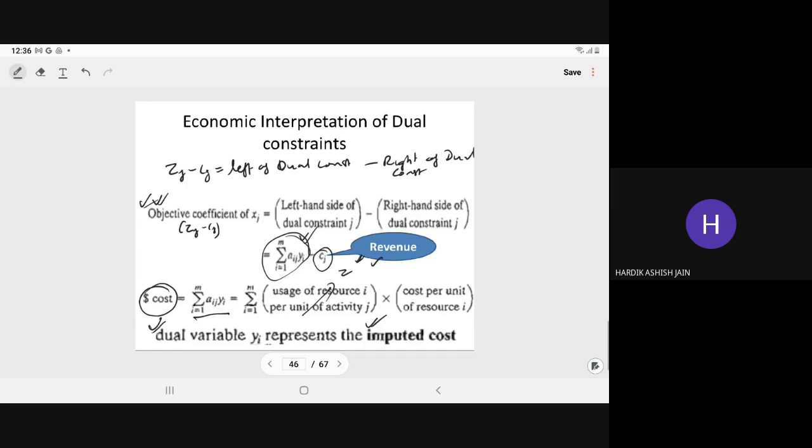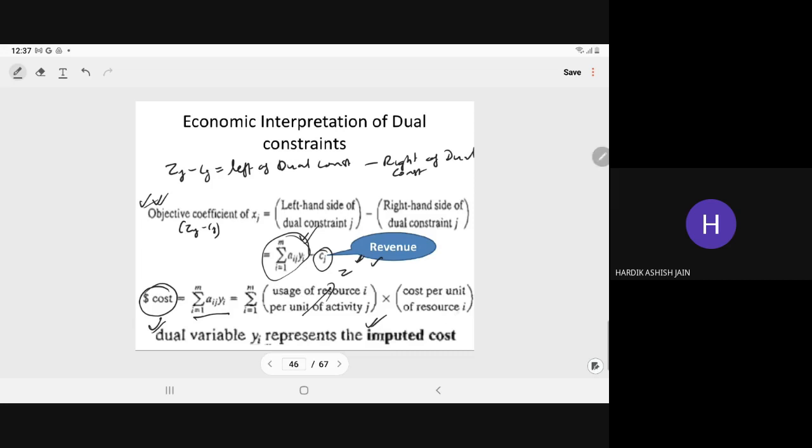Aij is the usage of the resource i per unit activity of the j into cost per unit of the resource i.